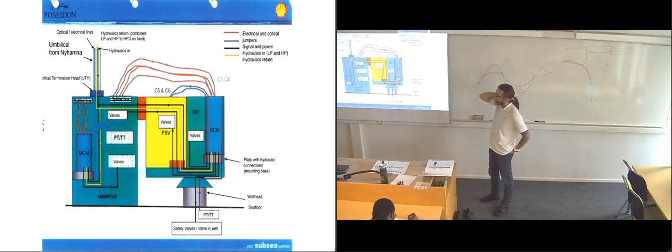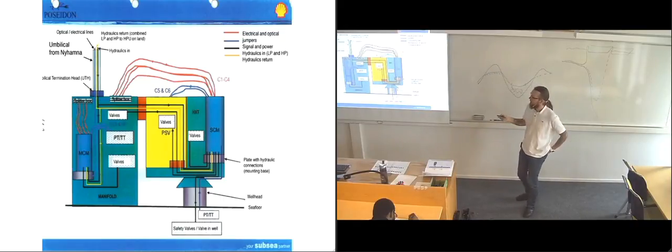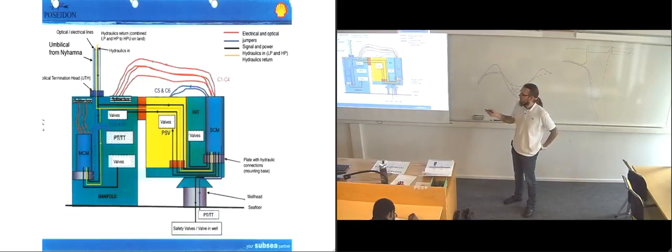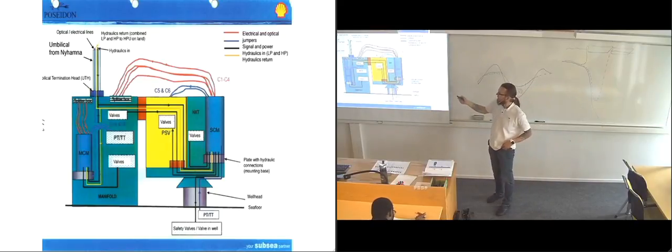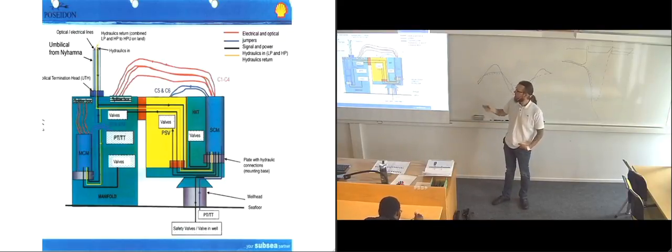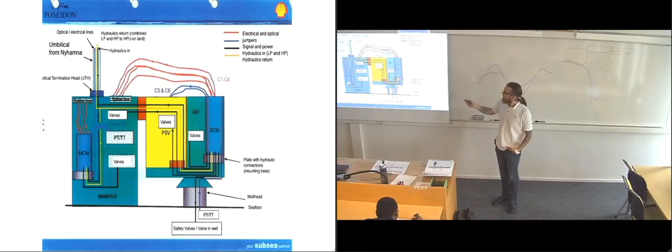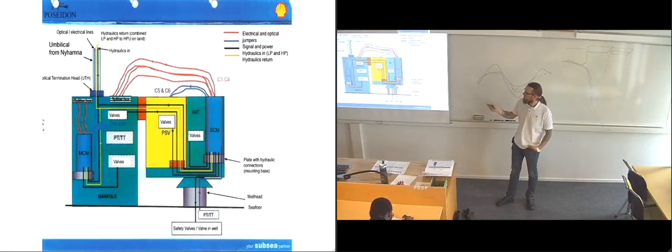Which is, of course, logical, since they created this one modular. They don't want the entire umbilical to connect into the control module if they're going to replace the control module. They wanted to have just the connections it needs coming into it. So that's why they have these electrical and optical jumpers, the blue and red ones that are shown here.